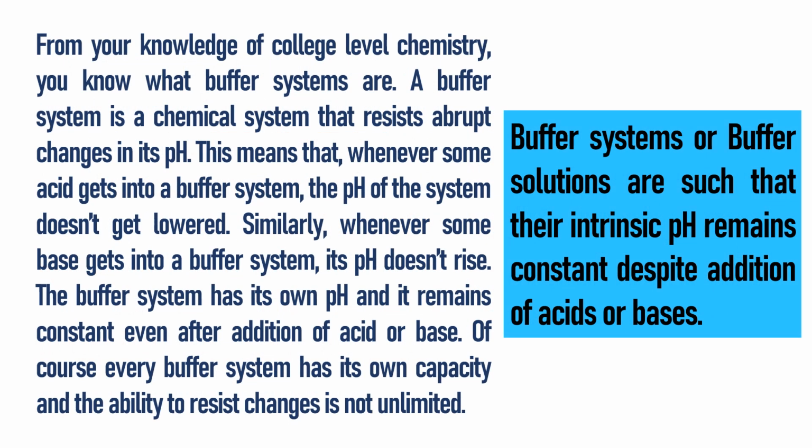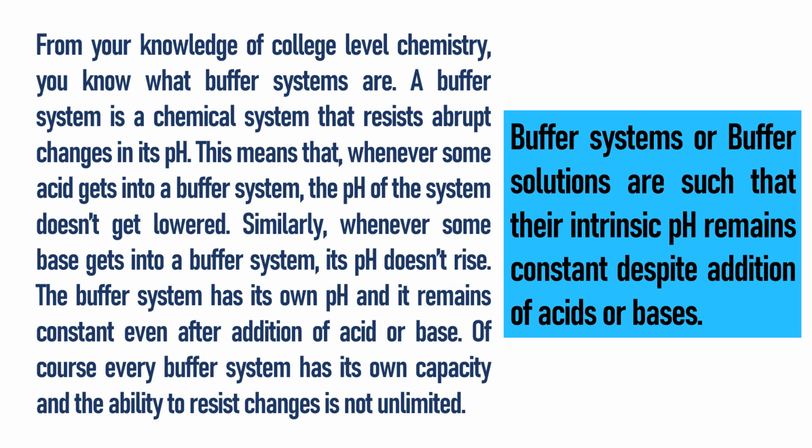From your knowledge of college-level chemistry, you know what buffer systems are. A buffer system is a chemical system that resists abrupt changes in its pH. This means that, whenever some acid gets into a buffer system, the pH of the system doesn't get lowered. Similarly, whenever some base gets into a buffer system, its pH doesn't rise.